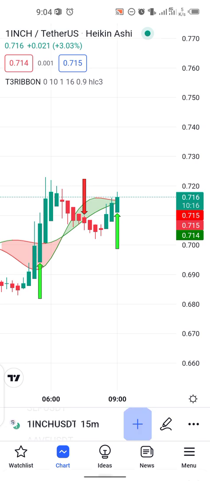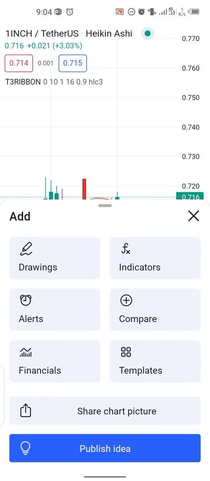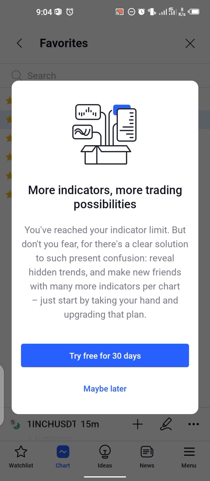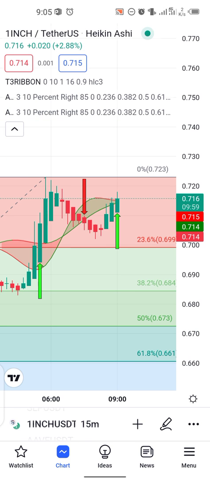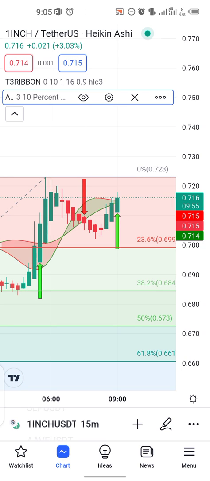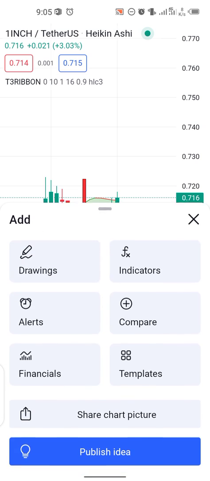The second indicator we looked at is the auto Fibonacci retracement. Not that one, maybe later. Let me cancel and remove it.